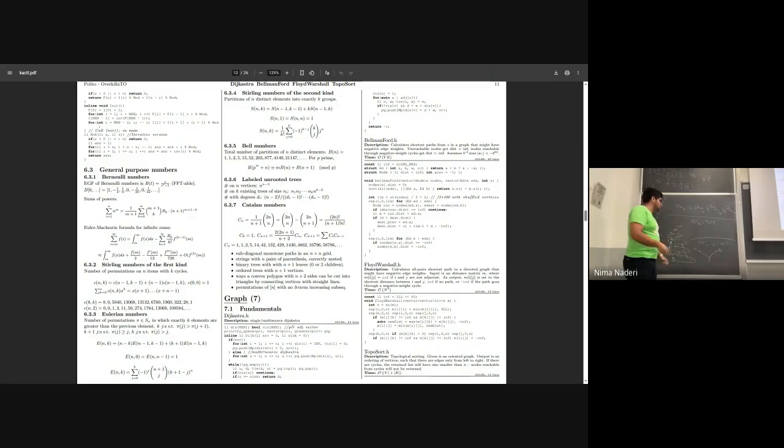I mean, adding U V with weight W, we say DP of U is the minimum of itself and DP of V plus this weight, so adding each edge has this relaxation.